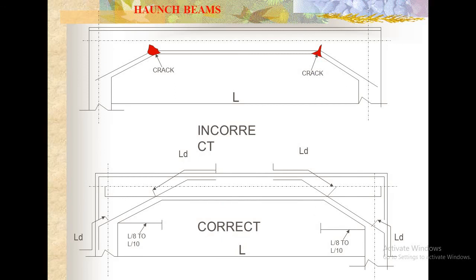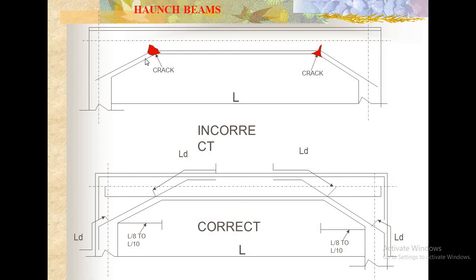Haunch beams: in a haunch beam like this one, there is a column, and the depth of the beam at the support is more than the depth of the beam at the middle portion. Here the depth of the beam varies like this. This type of beam is normally called a haunch beam.